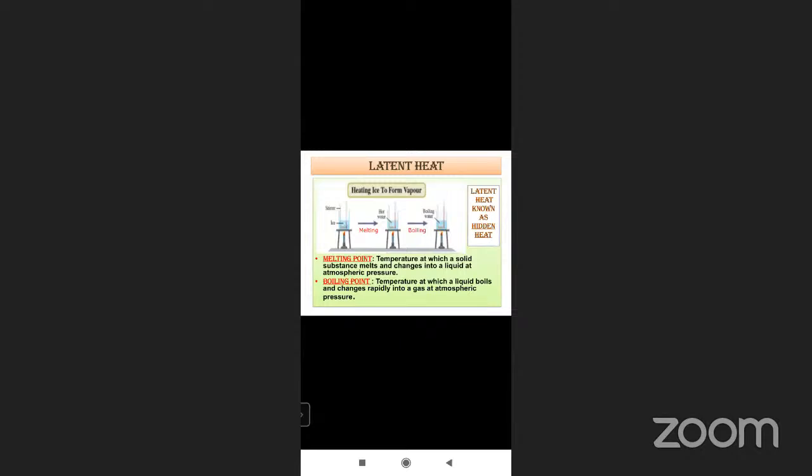The object absorbs heat energy. For example, we can take the same activity which we have already seen, but its temperature does not increase.